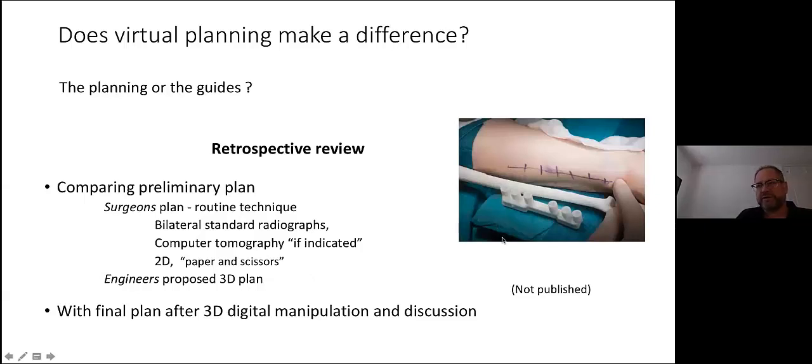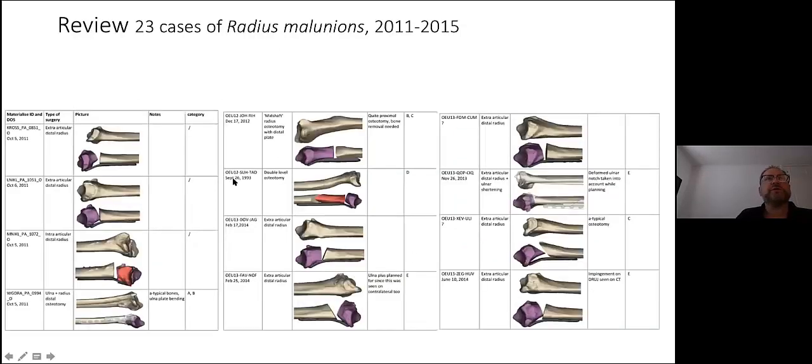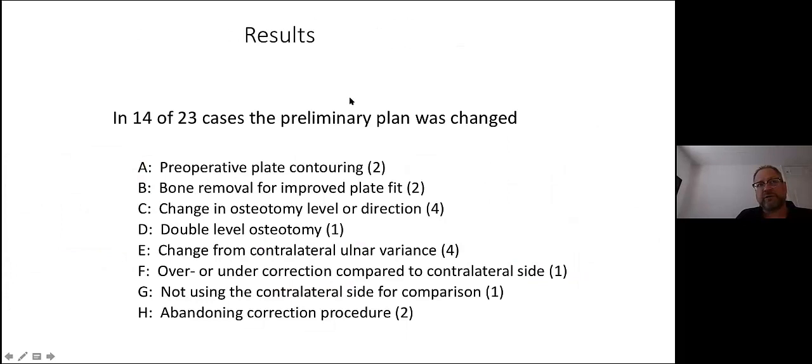So, and this is not published, but we looked through the different patients we had done and tried to categorize them, and we thought we found 8 different kinds of important change that we did.